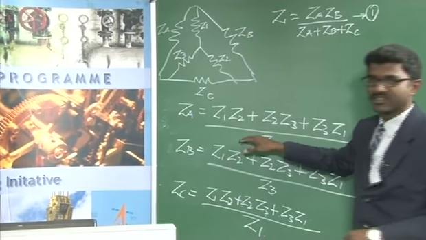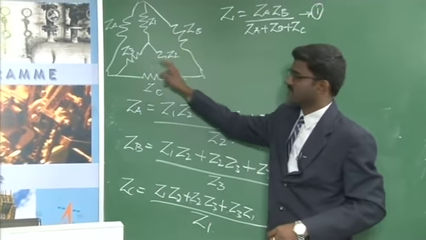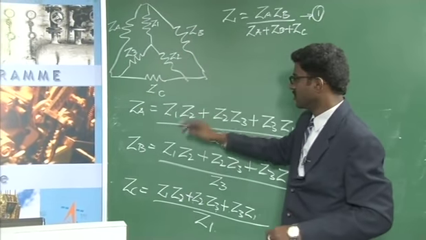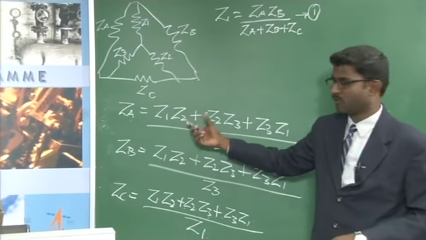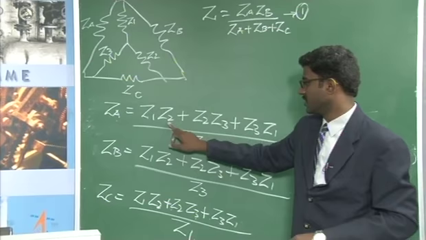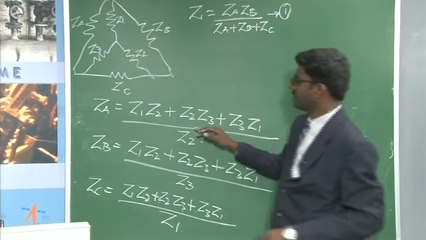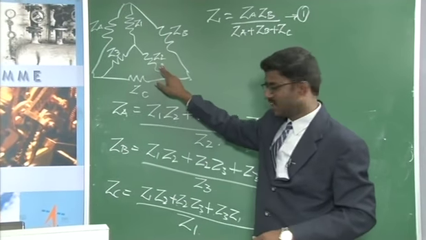Now these equations correspond to star to delta, where Z1, Z2, Z3 are known, so we will be determining ZA, ZB and ZC. The formula is ZA is equal to the summation of all the two possible combinations, that is Z1 into Z2 plus Z2 into Z3 plus Z3 into Z1, divided by the opposite resistance. If you want to find out ZA, the opposite resistance is Z2.